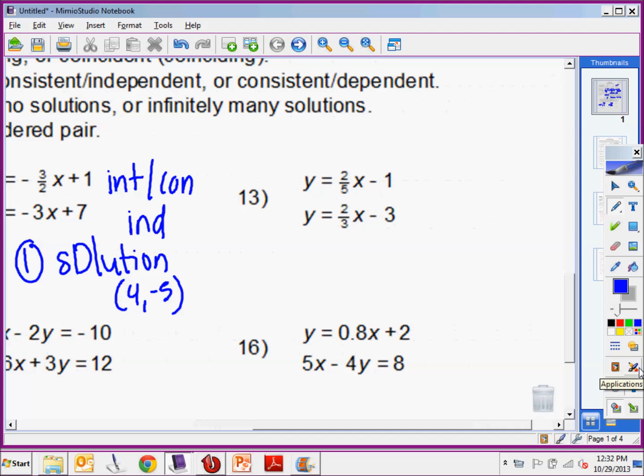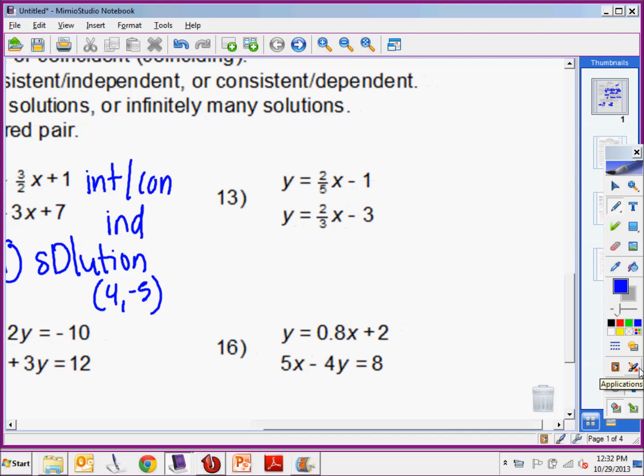So far we know what about 13? It's intersecting, consistent, and independent. How do you know that? I can answer all of those without graphing. You want to know why? Because I can look at my slope. If they're parallel, what do I know about the slopes? They have to be the same. If it's going to be coinciding, what do I know about the slope?